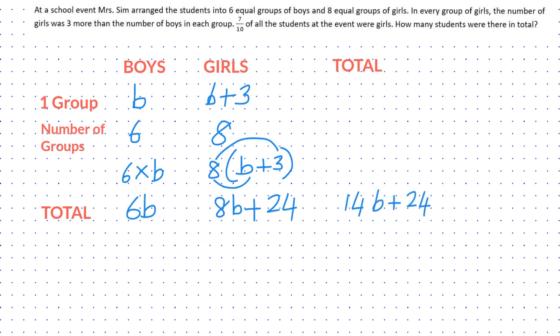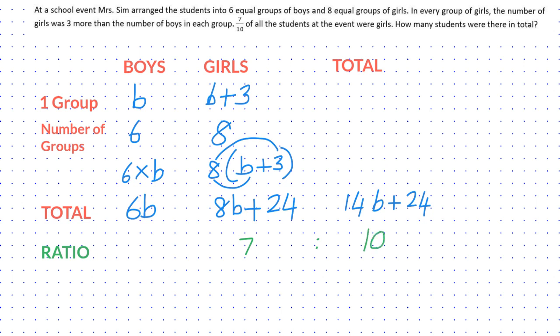So the question goes on to say that 7 out of 10 of all the students at the event were girls. Whenever you see a fraction, you know that we can come up with a ratio. So in this case, we can come up with a ratio of the number of girls to the total number of students. So the ratio would be 7 is to 10.